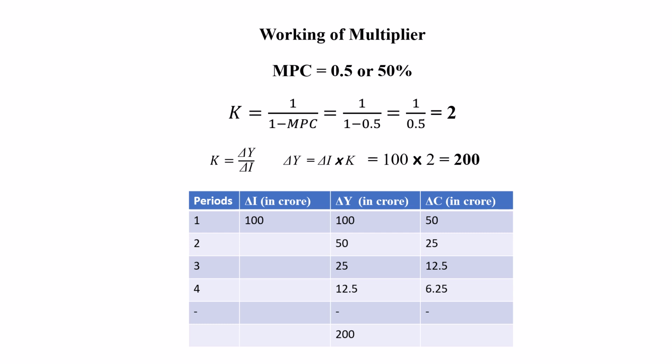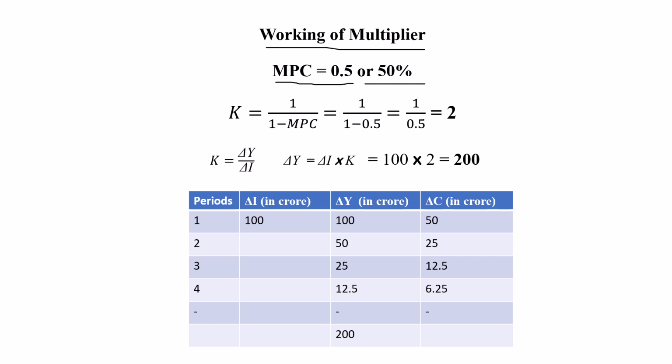Next, we come to understand the working of the multiplier. We assume MPC equals 0.5 or 50%. With the help of a table, we can understand how the multiplier works. There are 4 columns.